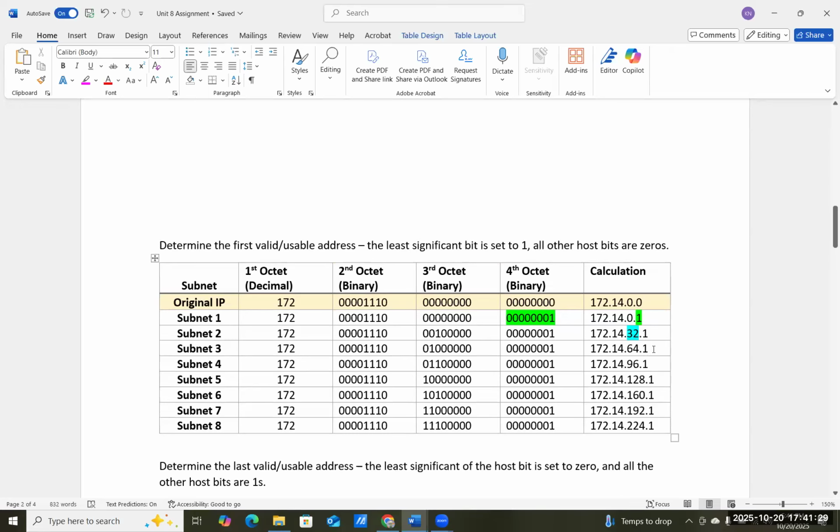That's it, right? As I gave you the example, the first usable address is gonna be for the branch 1 or the subnet 1, 172.14.0.1. And then subnet 2, because we had changed up this value, that gives us 32 here, and its router or gateway is gonna be a .1, and so on.